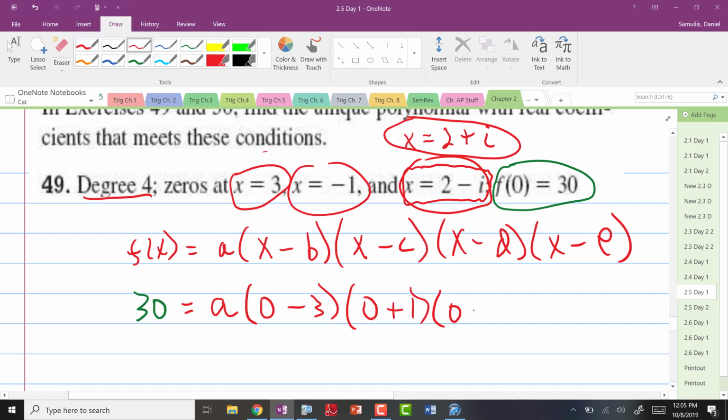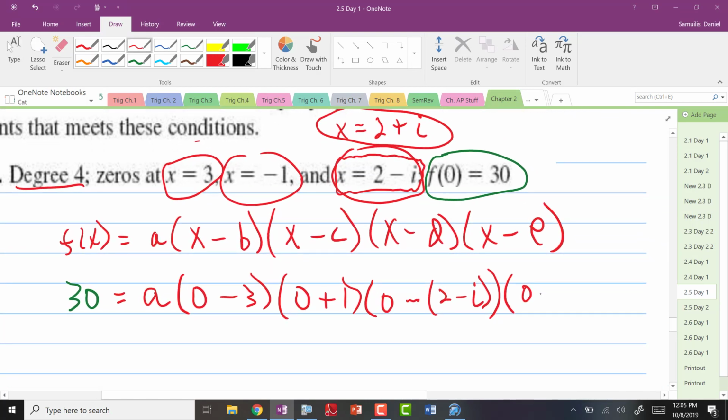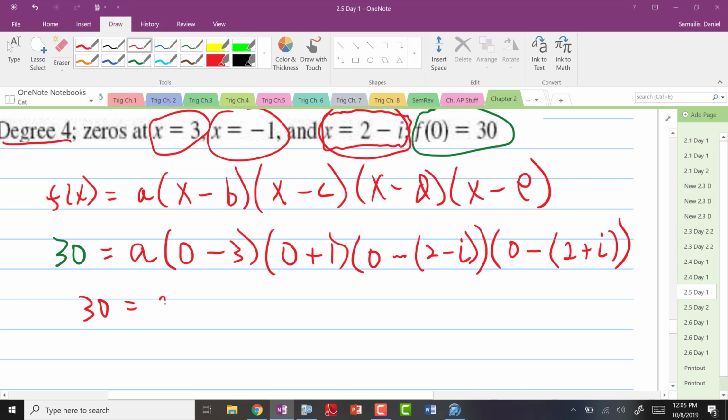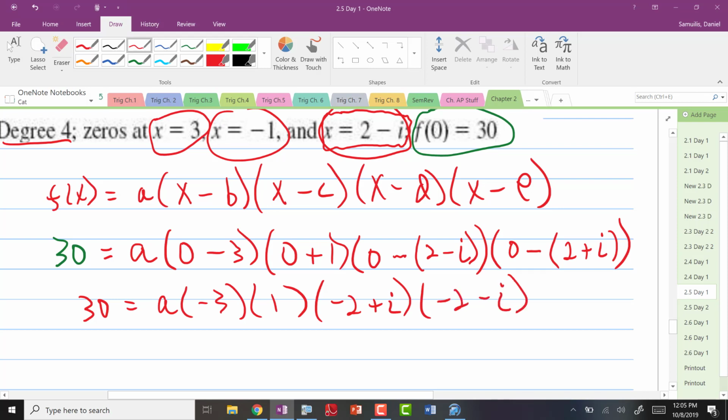All right, now here's where we got a problem. Minus 2 minus i. See, that's how you have to write it. That's what you're going to screw up. This is not a hard question. It just has that distribution of a negative problem. By the way, what's 0 minus 3? So this is a times negative 3 times 1. And then the next thing is distributing this minus sign. It's negative 2 plus i and negative 2 minus i, which are called conjugates.